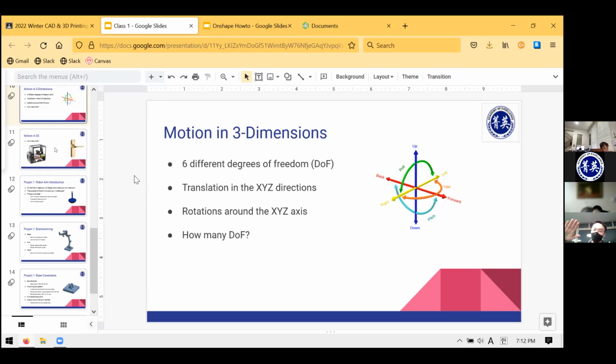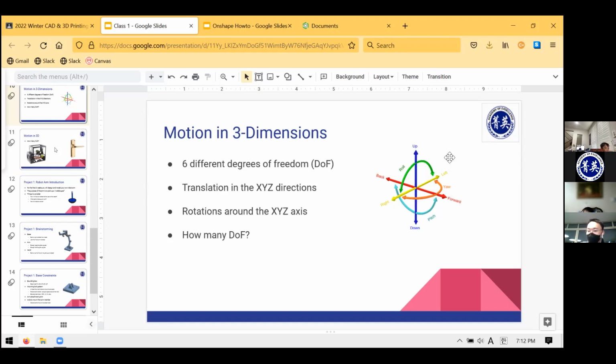You can move forward and backward, left and right, up and down, or in some combination of those directions. And using those 3 directions, you can describe all of the motion that you are capable of performing. That's what we mean when we say there are 3 dimensions: you can go up and down, left and right, forward and backward.